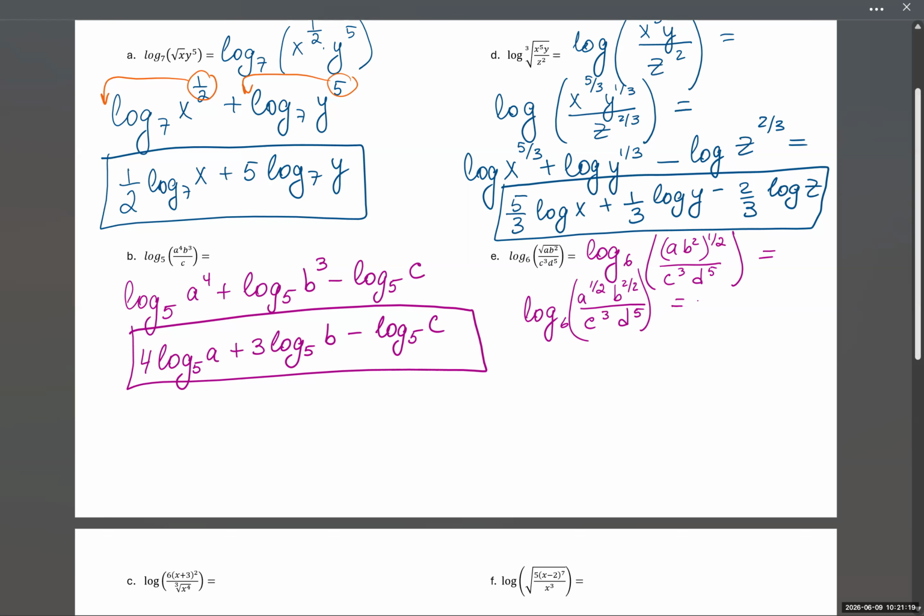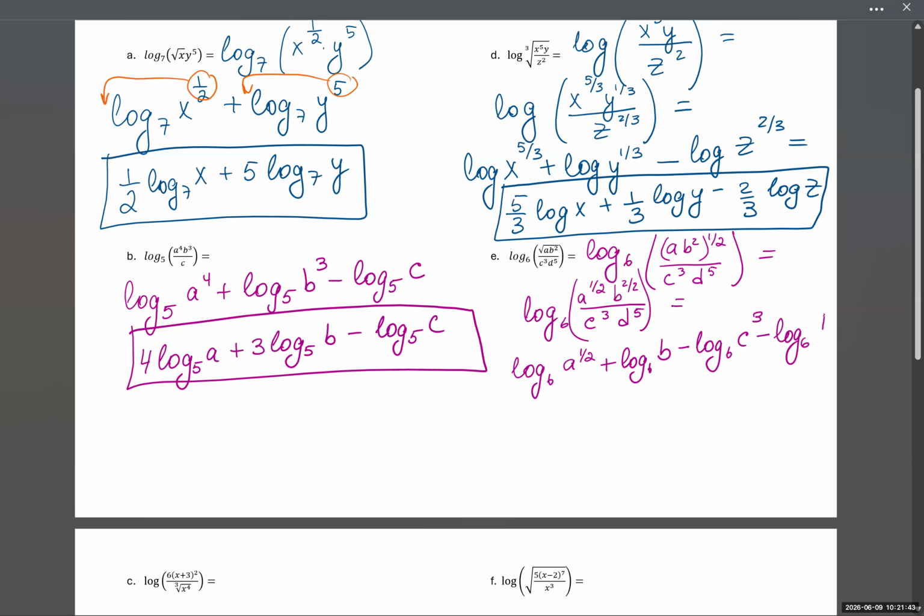We'll go ahead and start splitting it up. This is log base 6 of a to the 1/2 plus log base 6 of b to the 1st power minus log base 6 of c to the 3rd, and minus, because both of those are in the denominator. The c and the d are both in the denominator, so both logs are subtracted.